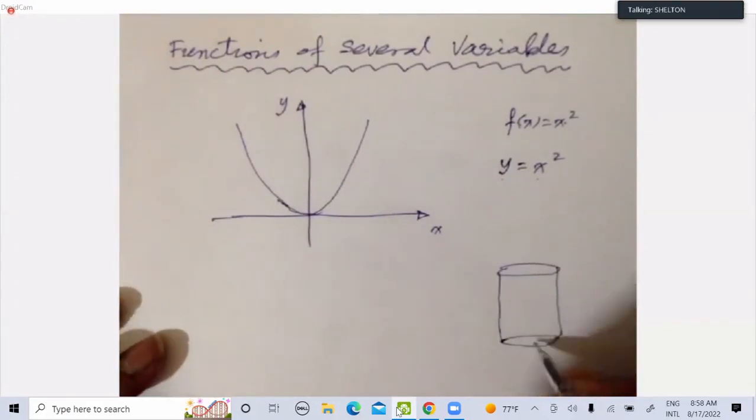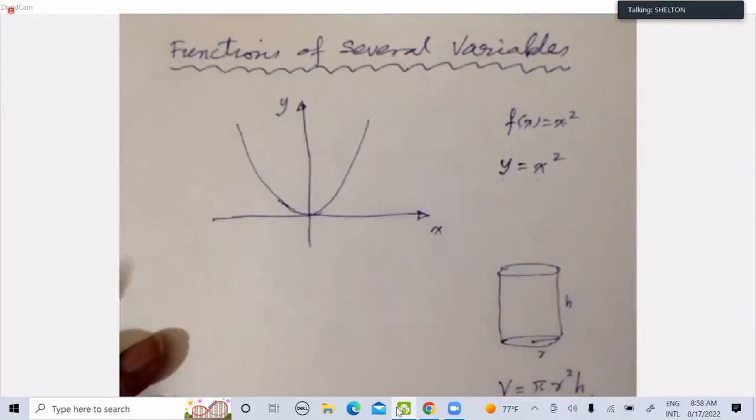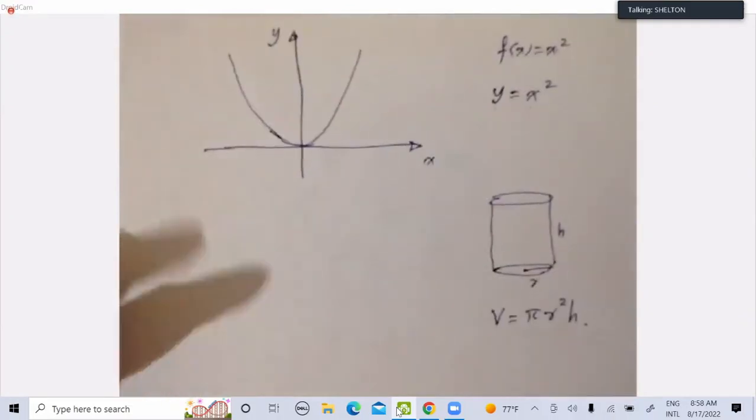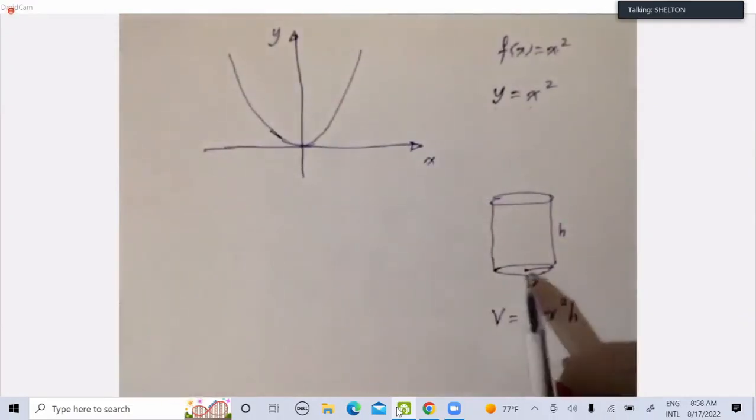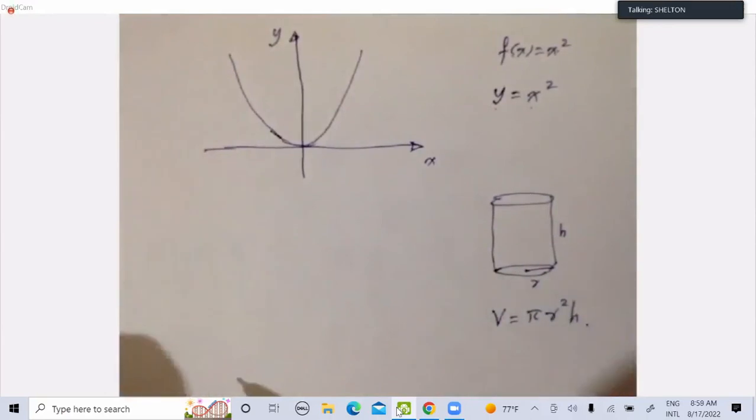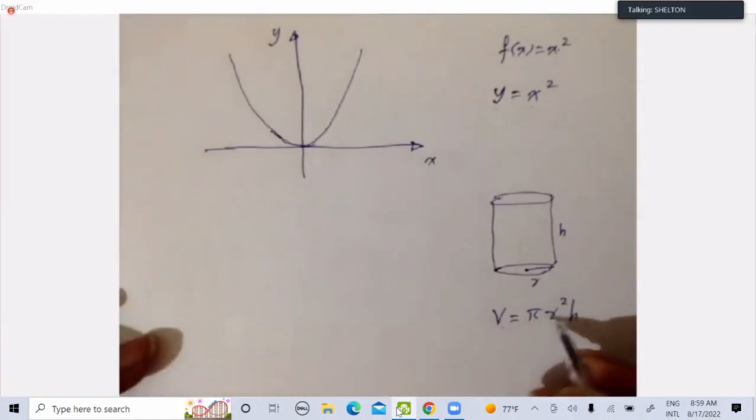If this is R and this is H, volume V is equal to pi R squared H. R is the radius, H is the height. For different cylinders, R and H are different. So V depends on two variables, R and H. V is a function of R and H.